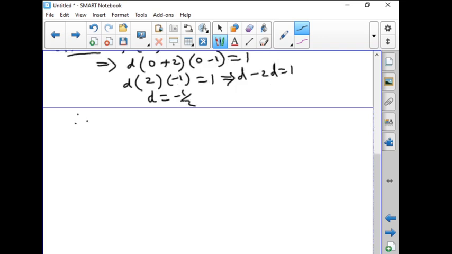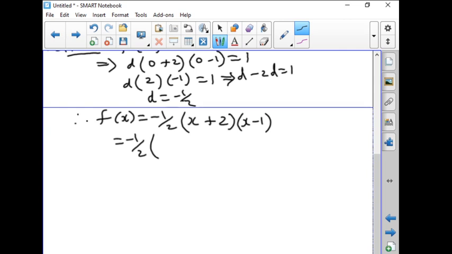Therefore, f of x is equal to minus 1 by 2 into x plus 2 into x minus 1. Multiply this using ordinary multiplication in algebra. So, x square minus x plus 2x minus 2. First we multiply with x both the terms, then with the 2.